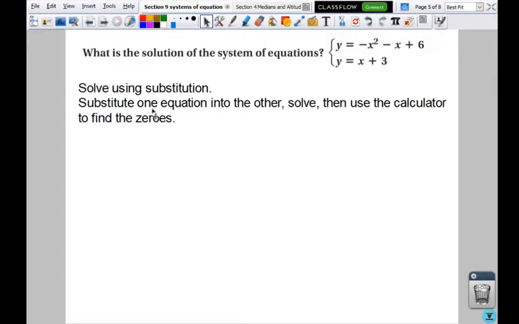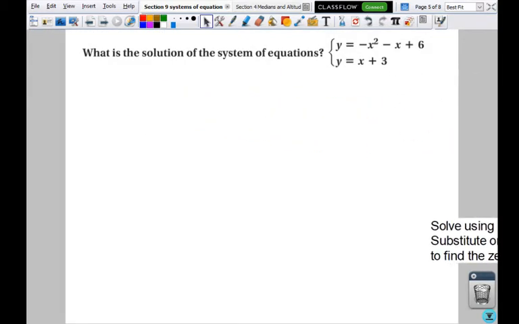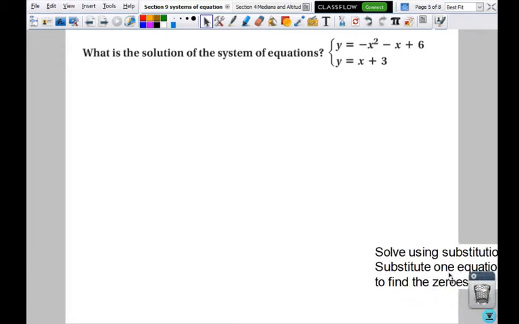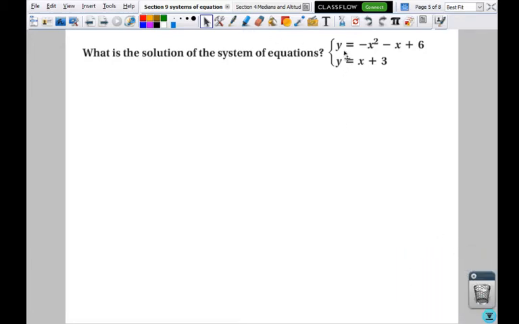We'll do this one. So this is the problem you have, right? This is the problem you have on your paper? Yes. Alright, we're just gonna solve it. So we're gonna just plug it into Desmos. We're gonna go negative x squared minus x plus 6.